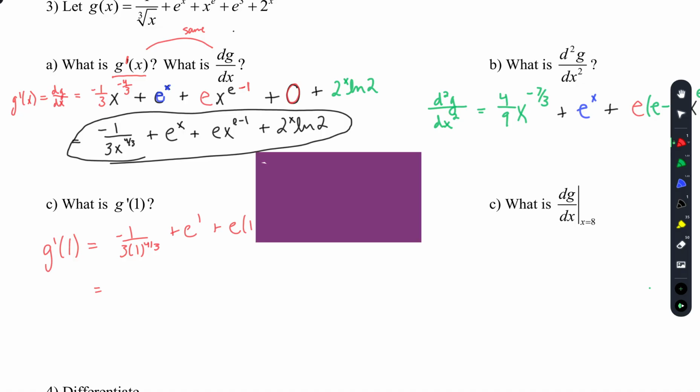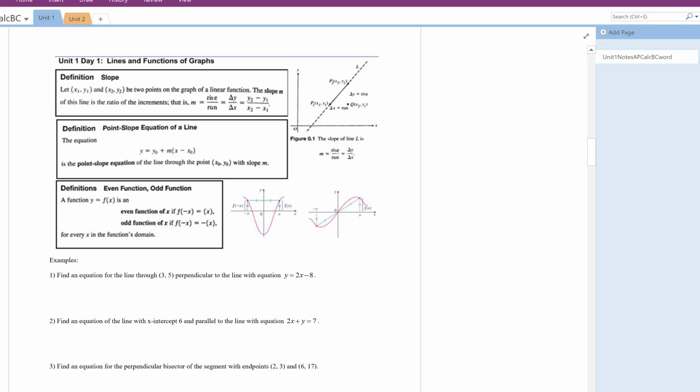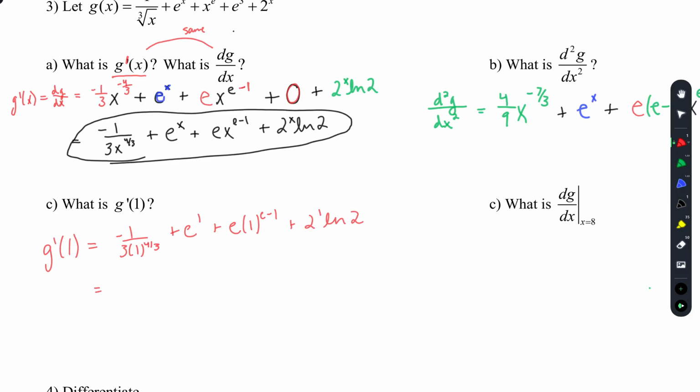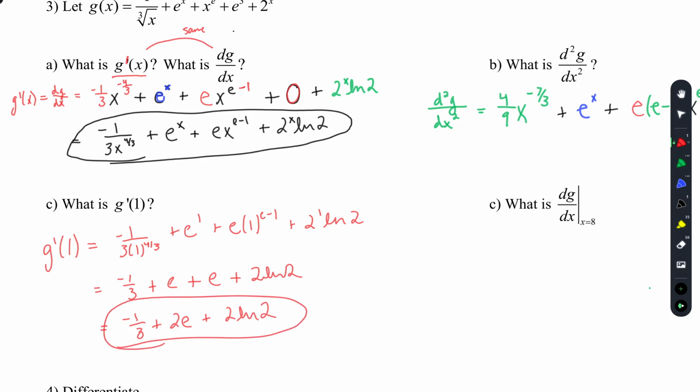This would be negative 1/3 plus e, gross, plus, what the heck is that? e, right? 1 to weird stuff is still 1, so that's e. And then this thing, 2 natural log 2. So I guess I can say I've got 2 e's, right? That's disgusting. That's okay.